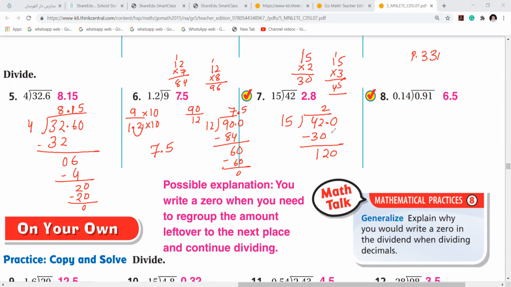So it's a big number. Let me try 15 times 9, 135. It's a big number. So 15 times 8, 120. I got exact. So my answer is 2.8.